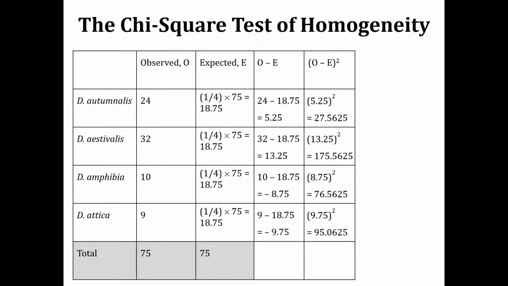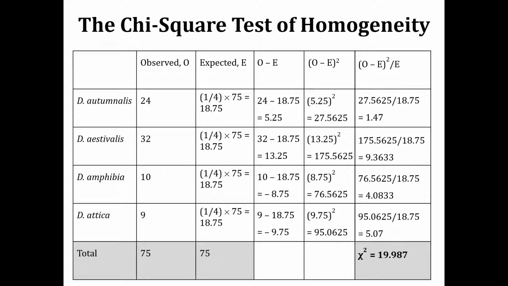Then the square of 13.25, which was the difference between observed and expected frequency of Dixella aestivalis. And then the square of 8.75, which was the difference between the expected and observed frequencies of Dixella amphibia. And then the square of 9.75, which is the difference between observed and expected frequency of Dixella attica.